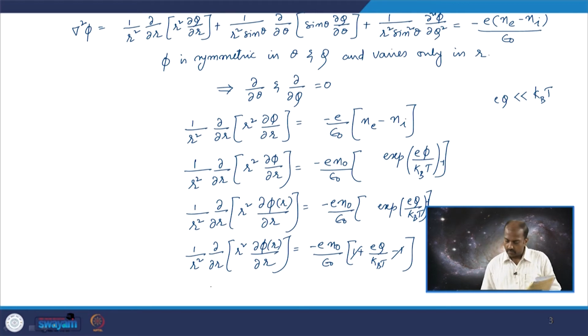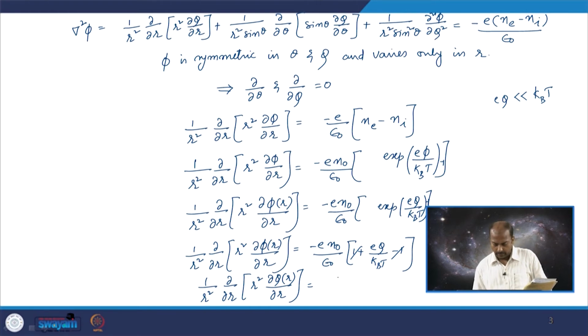So, what we will have is 1 by r square dou by dou r of r square dou phi of r by dou r is equal to minus E square n naught phi by epsilon naught kB T. So, here again phi is a function of r, right.